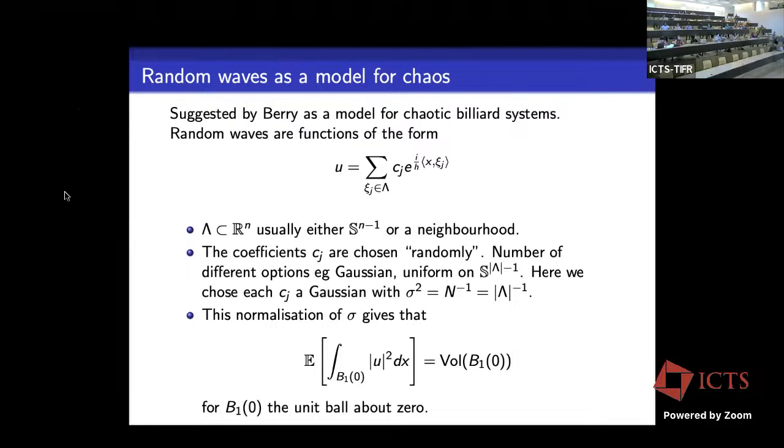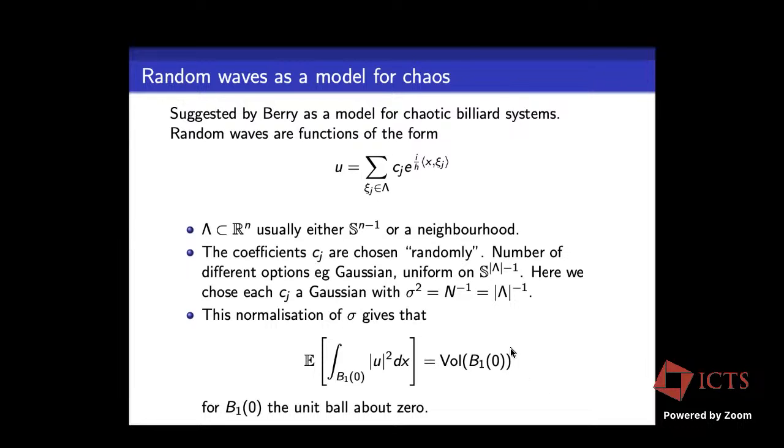For this work, I'm going to choose Gaussian, and each one of the c_j is going to be Gaussian with sigma squared equal to n inverse, where n is the number of waves that I'm summing up. I need to pick a normalization, and my normalization is chosen so that if I integrate over the ball of radius 1 and take the expectation, that just returns the volume of the ball of radius 1.